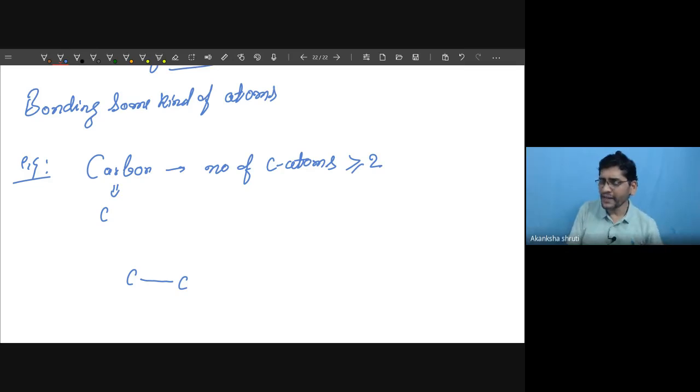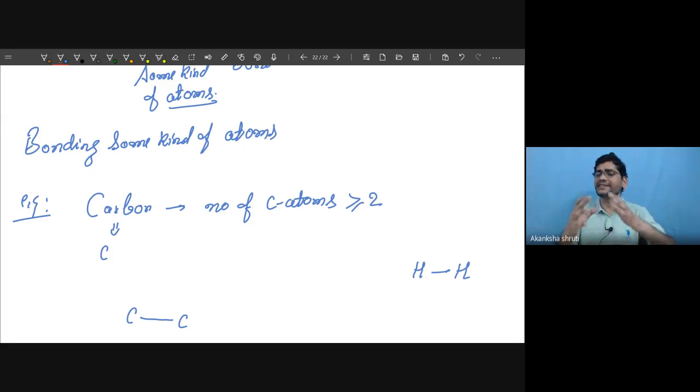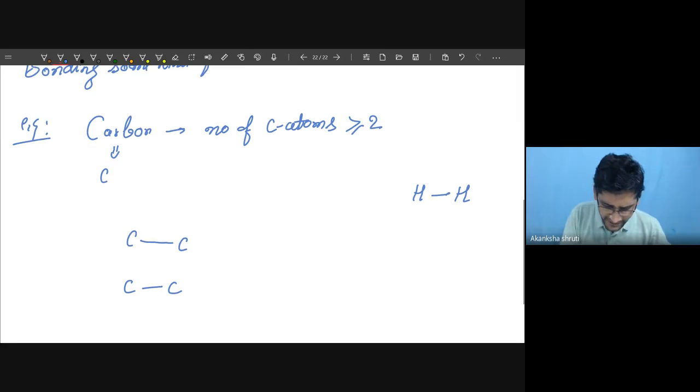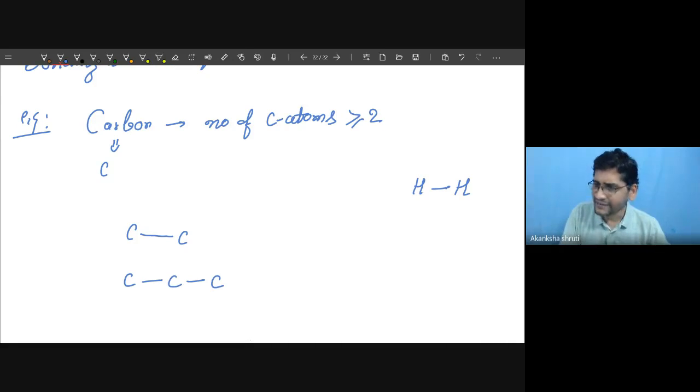But just forming one bond or linking with another atom is not catenation. Hydrogen and hydrogen are also able to link with each other. Then what makes the difference with catenation? Catenation means this linking is such that it is able to form a very long chain. The first carbon combined with the second carbon is able to link with the third carbon, the third with the fourth, and so on.